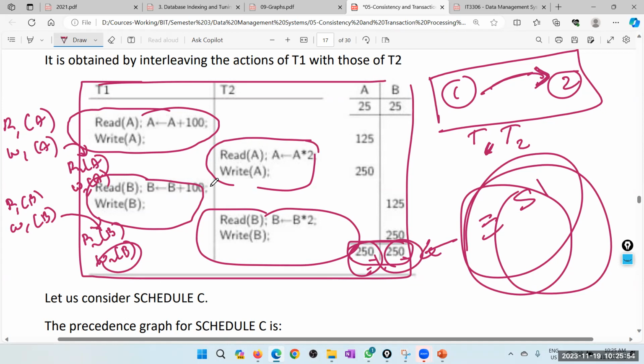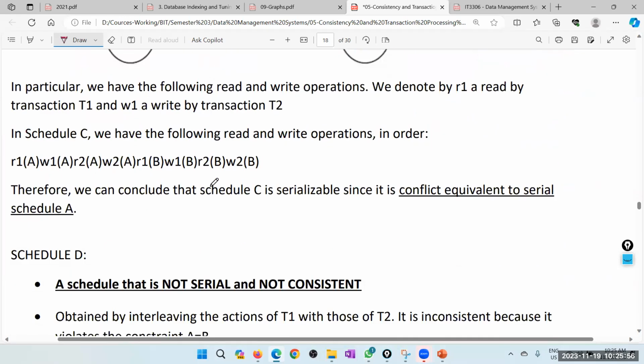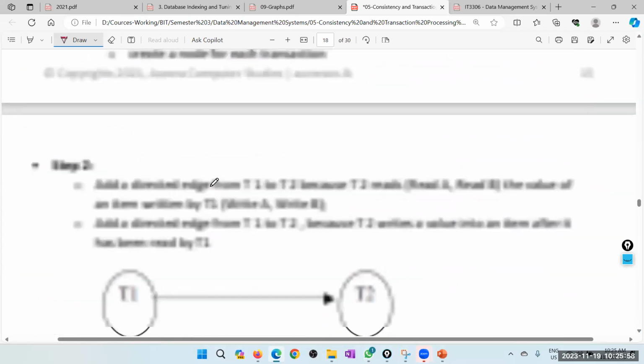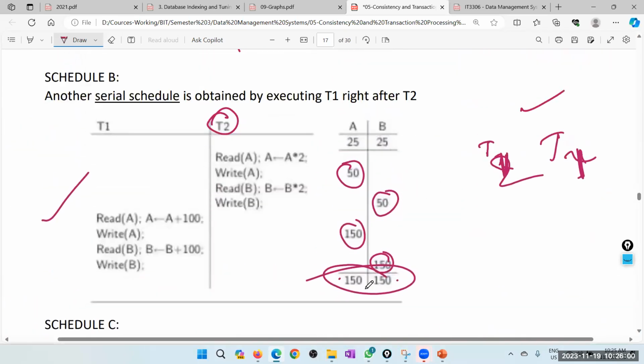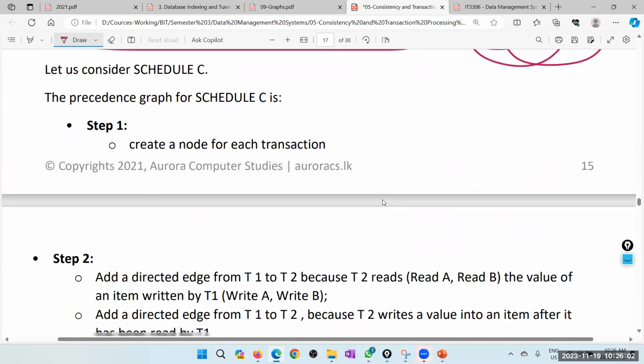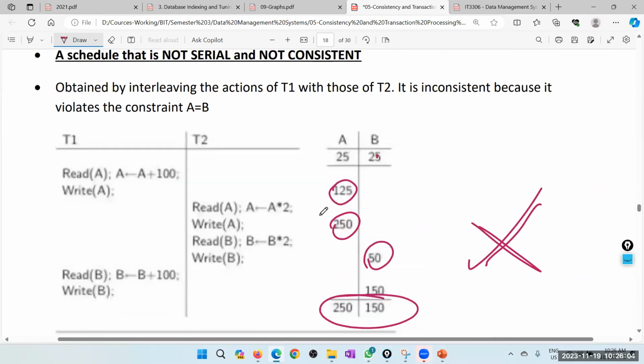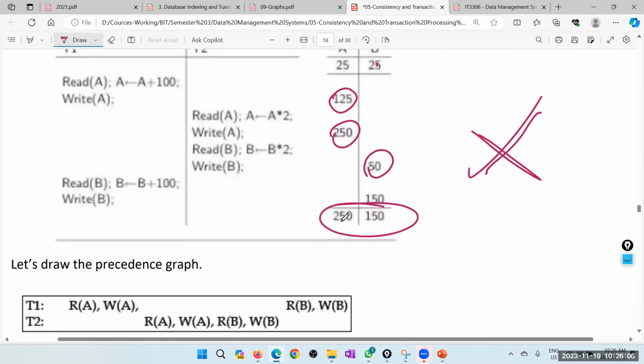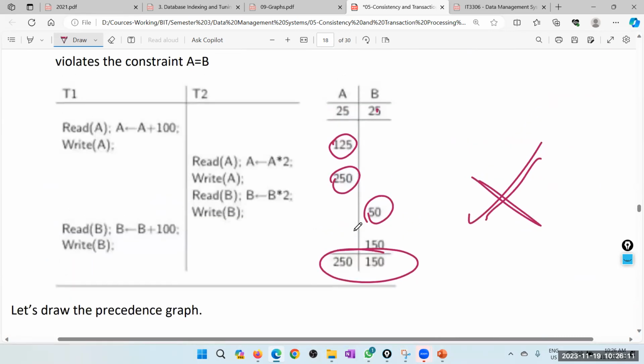Right? And obviously, if you look at the other one, sorry, schedule D, we know that it is not equivalent to one of the serial schedules, but now let's draw the precedence graph. And it should give us cycles as well, right?